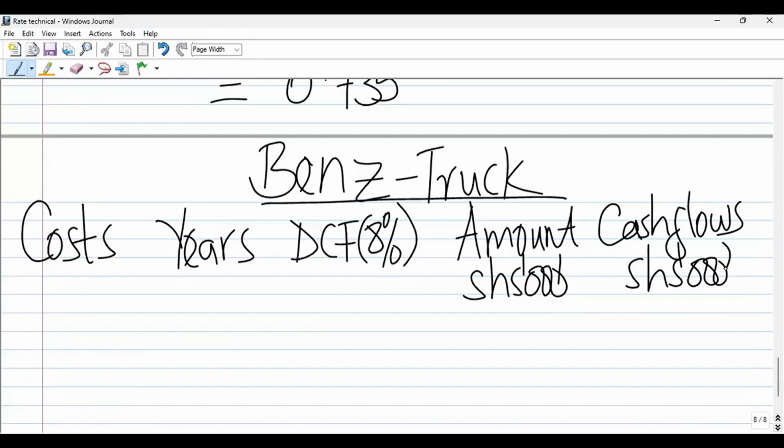So the first expense they have is the purchase cost. So show purchase cost. Purchase cost is always in year 0, always. And in year 0, the discounting factor is always 1. The amount for the Benz truck, the purchase cost here, is 398,000.